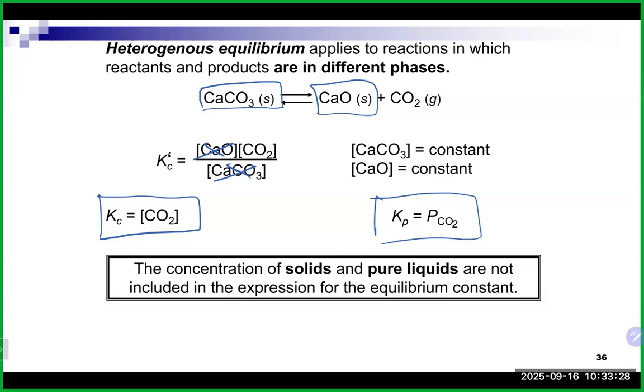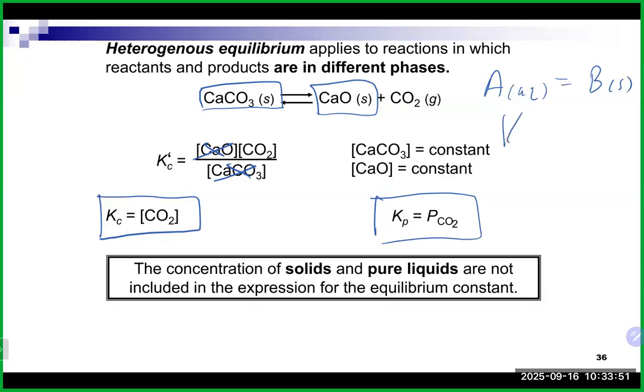Now, what would happen, for example, if you had something like this, maybe aqueous goes to solid? So let's just say we have something on the product side that we really would not include in the equilibrium expression.